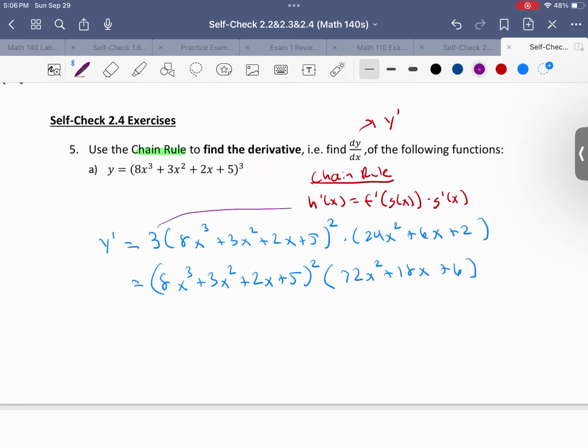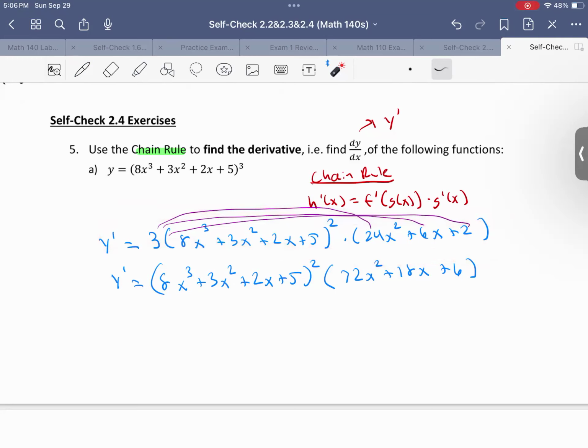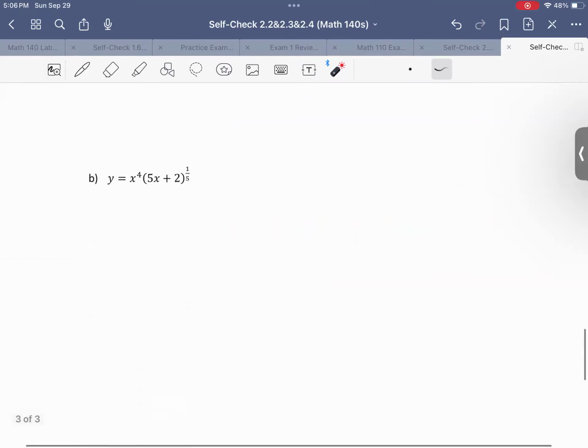That's 3 going in there if you need a visualization. But that is the derivative, okay? And once again, if you just had this, that's okay too. That'd be a correct answer. If you don't want to simplify too much, then you don't have to. But let's check out part B. You know what? Let's go ahead and do C, and then we'll do part B last.